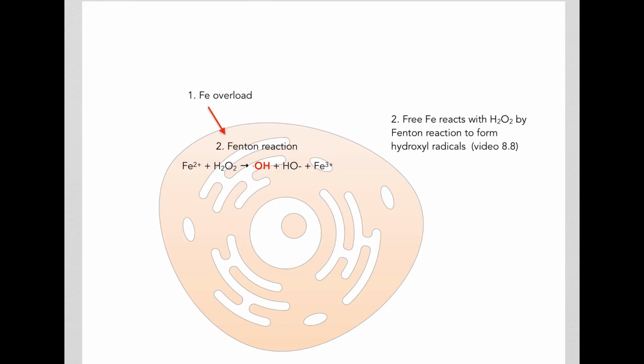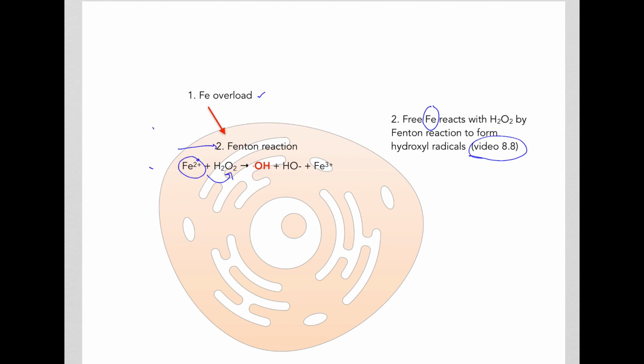So whatever the reason, the presence of excess iron could result in what we call the Fenton reaction, something we talked about in video 8.8. So iron, the Fe2+ form, can react with hydrogen peroxide.